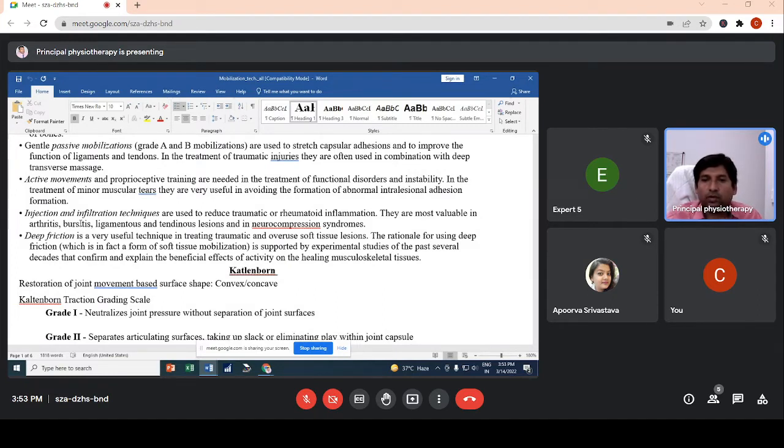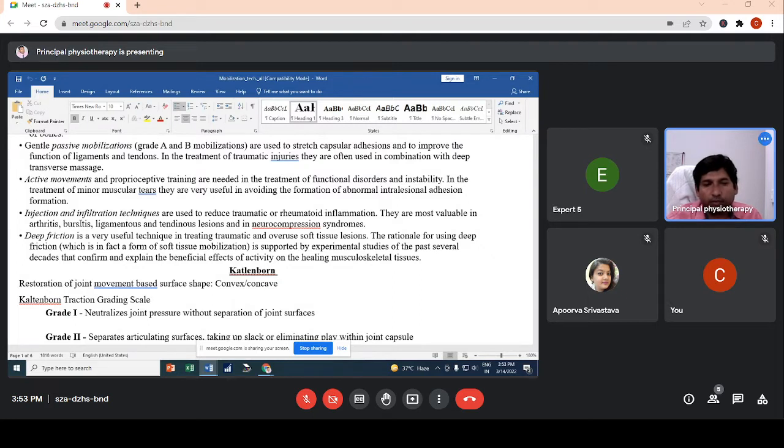The rationale for using deep friction, which is in fact a form of soft tissue mobilization, is supported by experimental studies of the past several decades that confirm and explain the beneficial effect of activity on the healing musculoskeletal tissue.